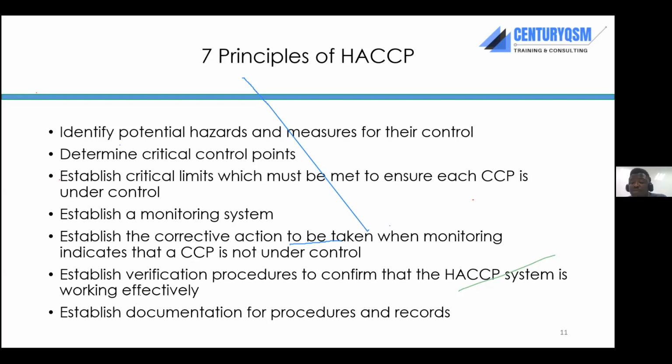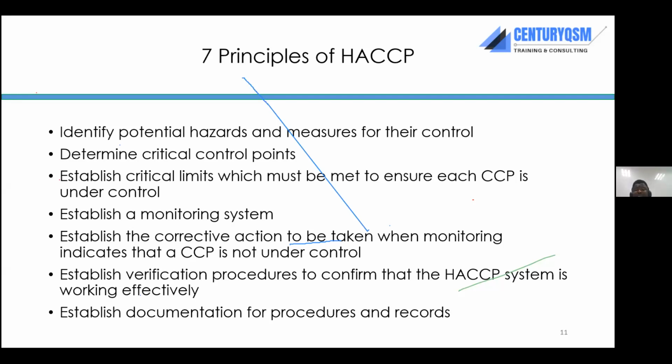But anything below 15 or above 25, your bread can get burnt above 25, and below 15 it can be underbaked, which can cause spoilage after a few hours. So you need to establish your critical limit. That's why you must have a spec. That's why as a quality person, a process control technician, you go to the line and check the temperature: okay, this is within spec, this one is out of spec.